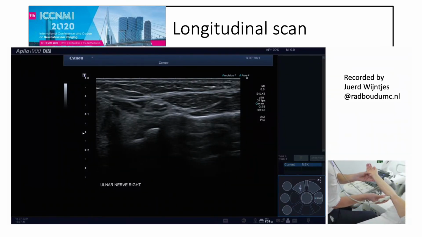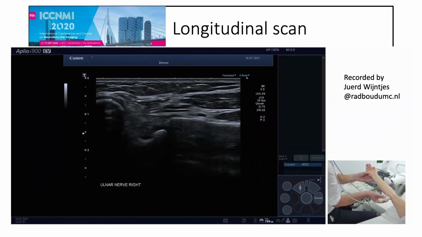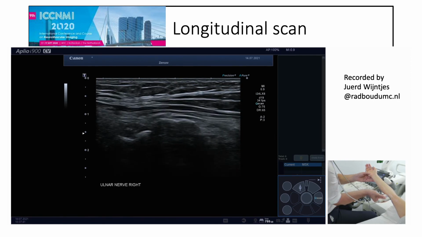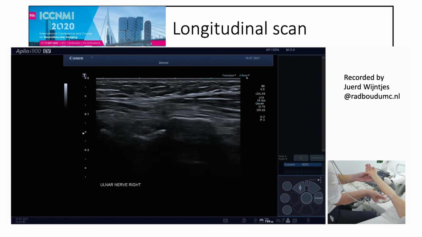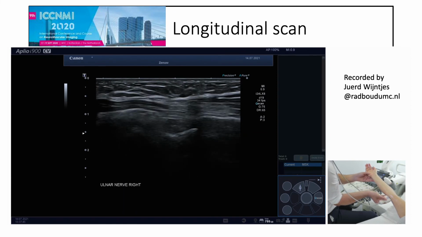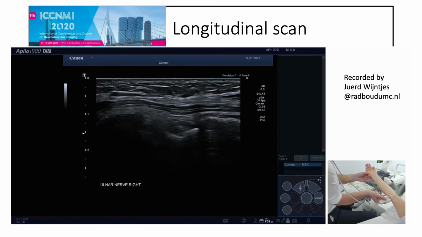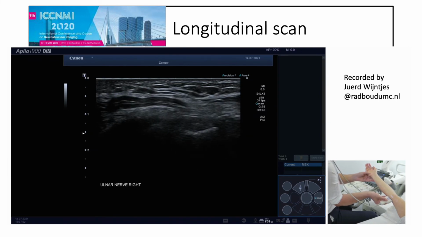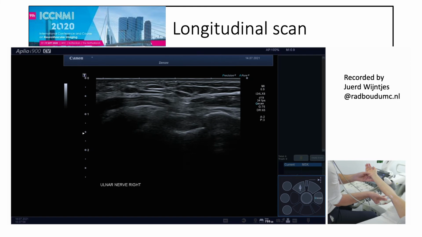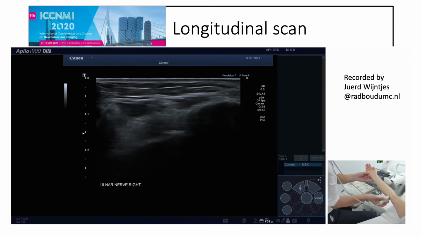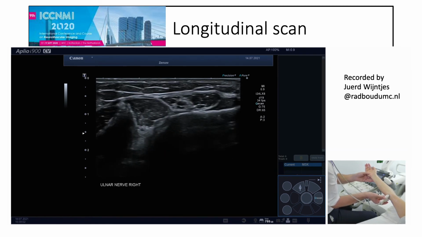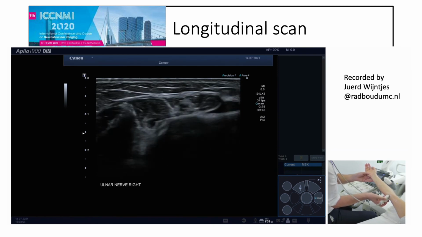So it is also important to perform a longitudinal scan. And when we do the longitudinal scan, our patient must extend the elbow, because otherwise, of course, it's not possible to do it. And even though it is sometimes quite difficult to show the whole ulnar nerve because of the anatomical way it goes here.